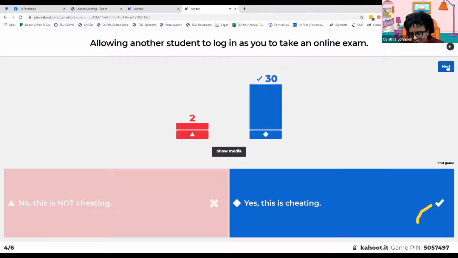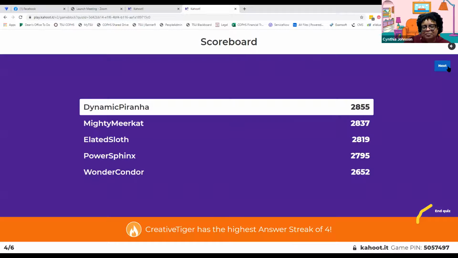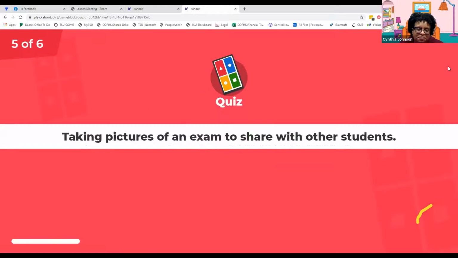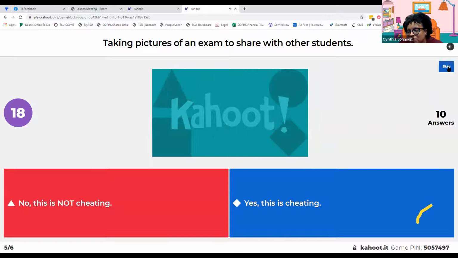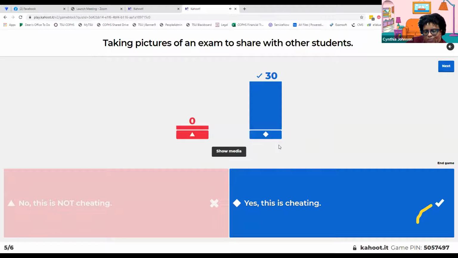That is indeed cheating. You have an exam and you're taking pictures and you send them to other students, even if they're in the same class with you. Good job, 100%.